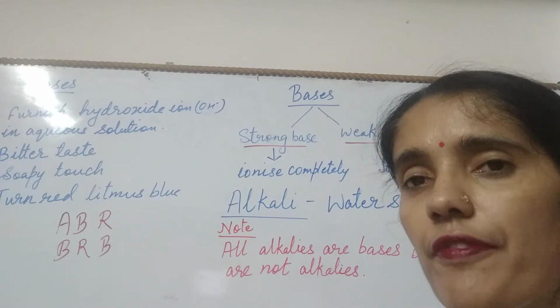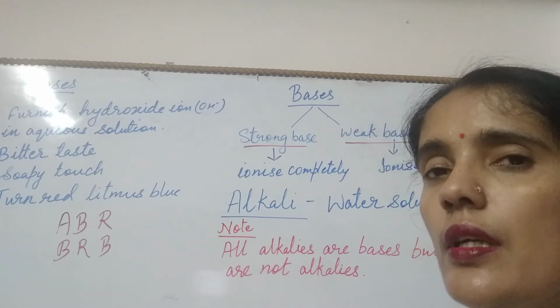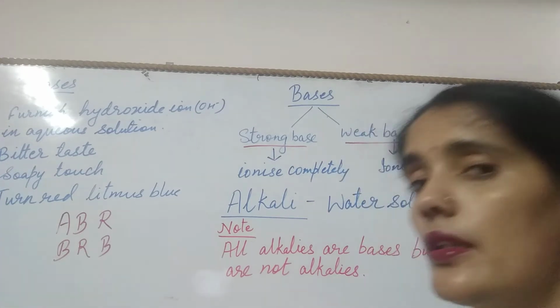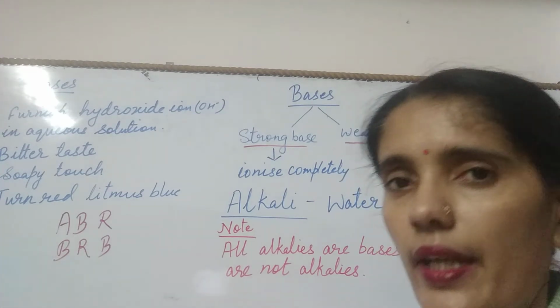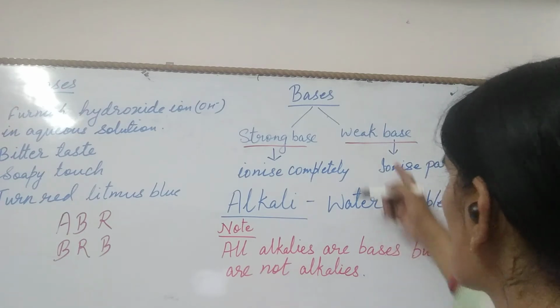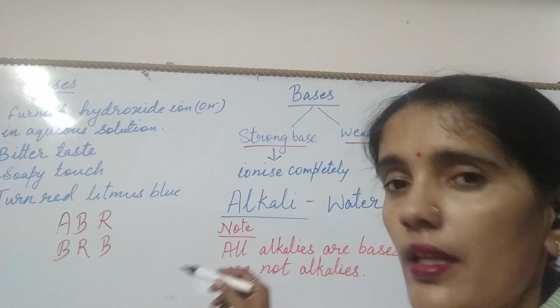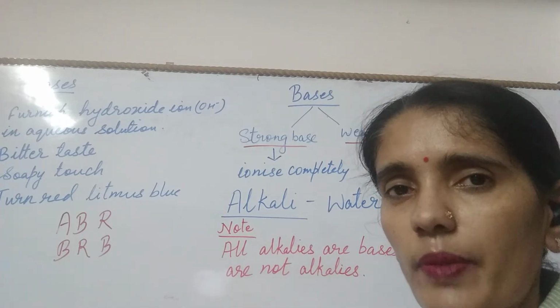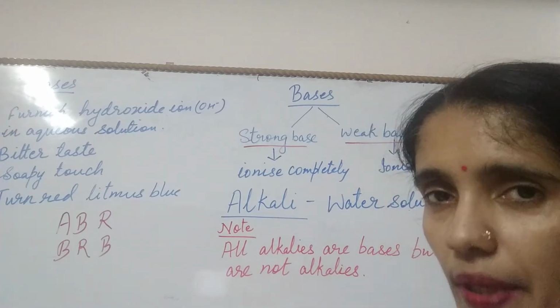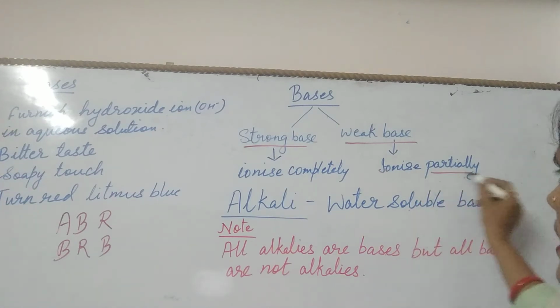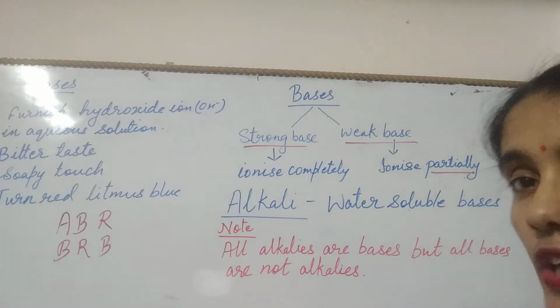But if in an aqueous solution, the base does not get ionized and does not release all the hydroxide ions, then it is termed a weak base. So, in strong base, complete ionization takes place, while in weak base, partial ionization takes place.